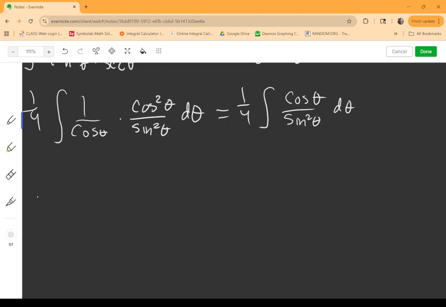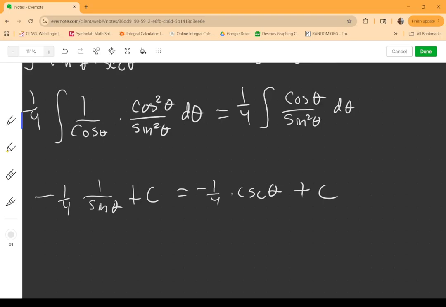I add 1, I get -1, so we get -1/4, and now I get 1 over sine of theta, because the derivative is cosine theta d theta. And again, don't forget your plus c. So we get negative 1/4 times cosecant theta plus c, applying our definition of the reciprocal of the sine.